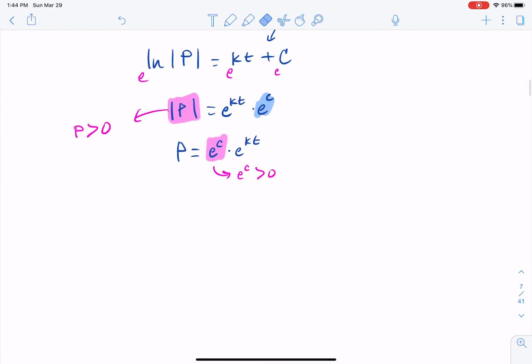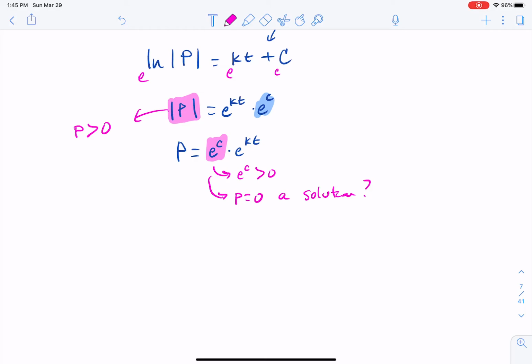So what we usually like to do is check to see, is P equal to 0 a solution? Because if it is, then I can take e to the C out of this equation, and I can just replace it with a more common constant like, just a C or something.